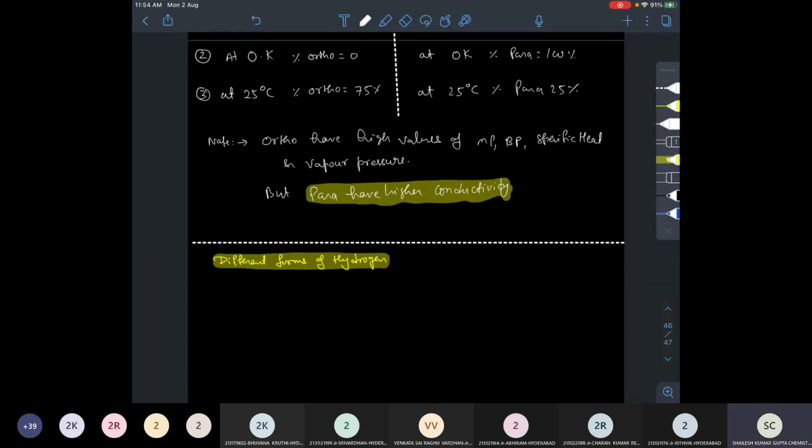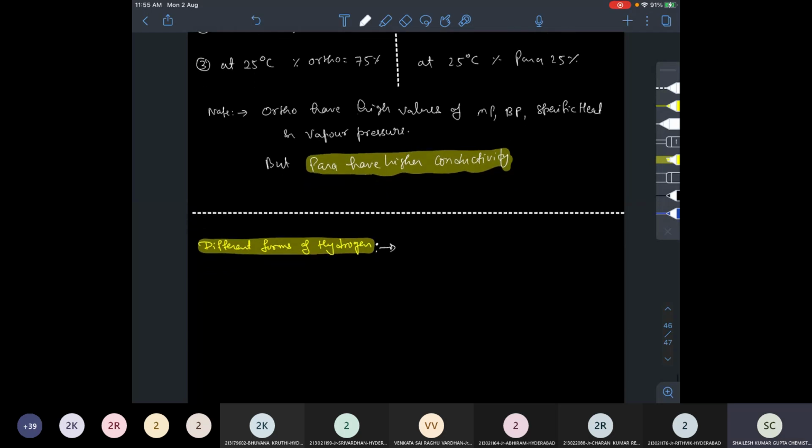Right. So what is it all about? What do I mean by different forms of hydrogen? This is basically based on the hydrogen obtained from different sources.